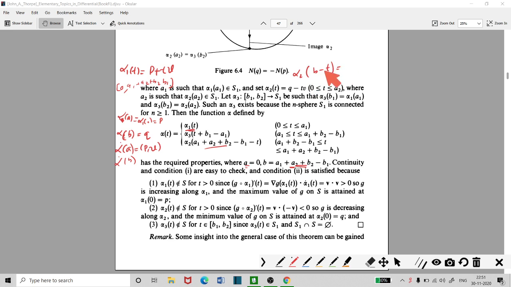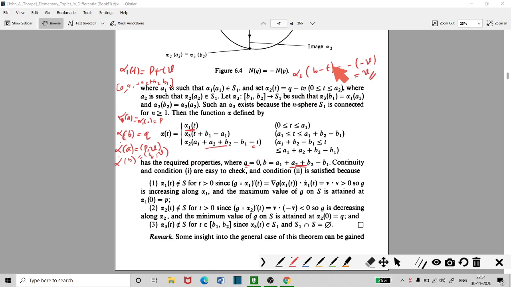What is the derivative? Minus times minus v, that is again v. So we get alpha dot of b as v again. So alpha dot of b is equal to the same vector v at point q, because the derivative of this function is the derivative of alpha 2 times minus 1, and the derivative of alpha 2 is minus v.